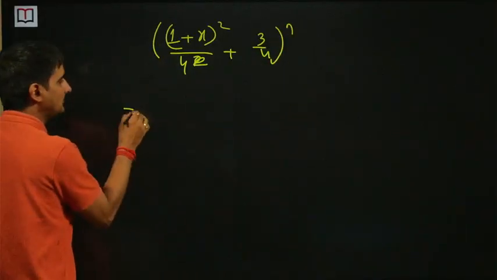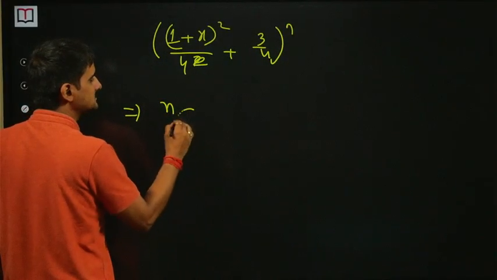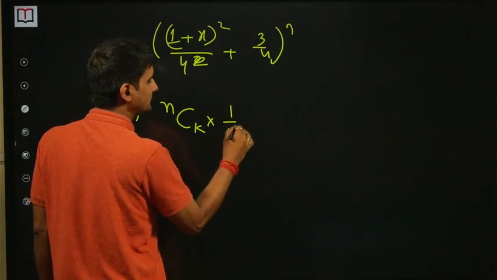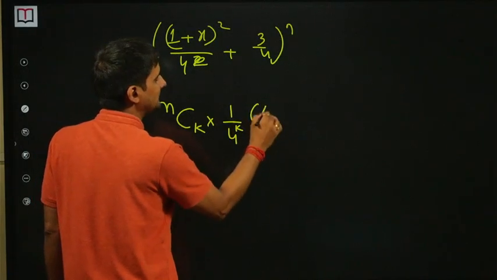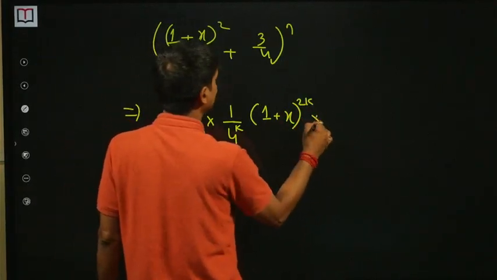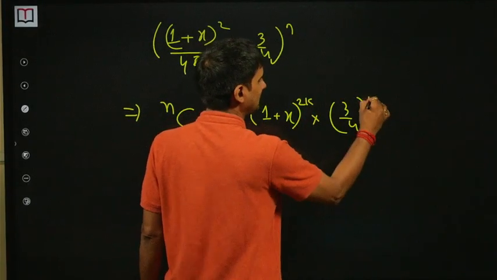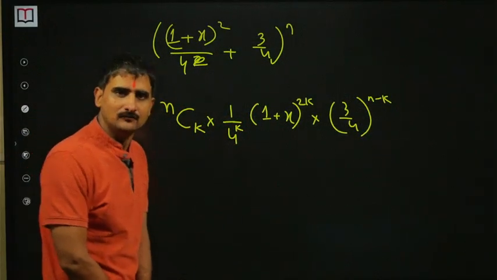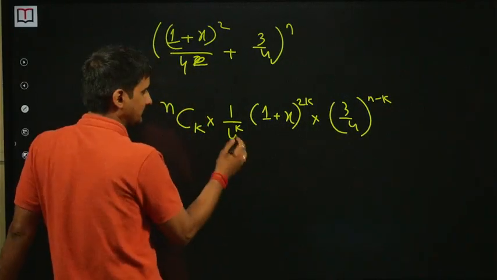So if I go with the general term, nck 1 by 4 raised to the power k into 1 plus x square raised to the power k, which is x to the 2k, into 3 by 4 raised to the power n minus k. Isn't that so? Here we have to collect the coefficients.